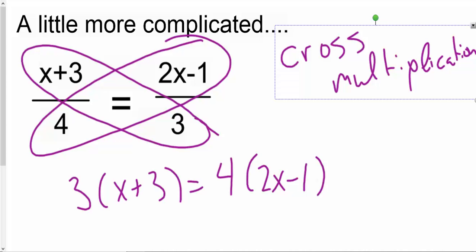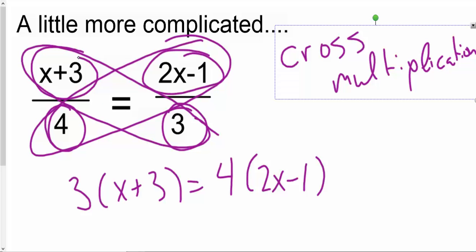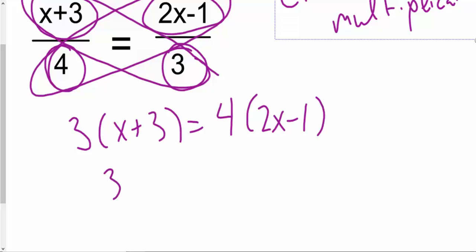We're essentially taking the denominator of the left-hand side and multiplying it by the numerator of the right-hand side. We put that on the right-hand side, and then the denominator of the right-hand side times the numerator of the left-hand side. This will then get us 3x plus 9 equals 8x minus 4, and hey, that's the exact same thing we were doing before.